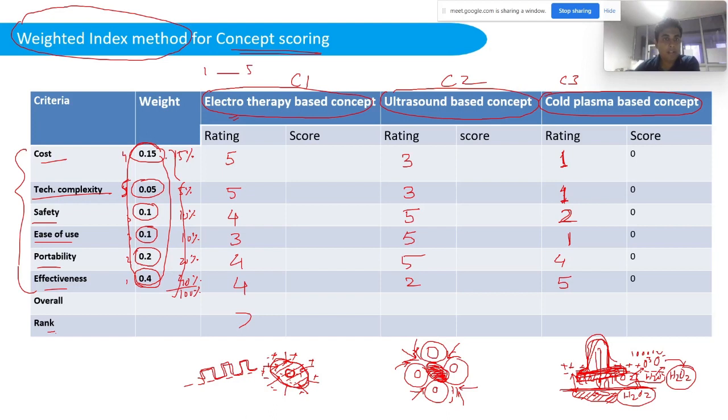Okay, so what we need to do next is multiply the ratings with the weightage. So we multiply 15, 5, 0.45, then 5, 5, 0.25, then 0.4, 0.3, 0.8, then this is 1.16, 1.6.